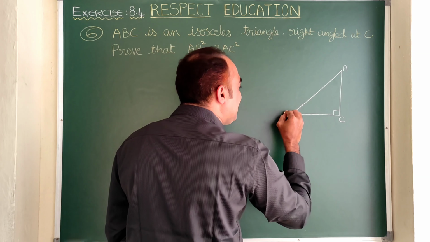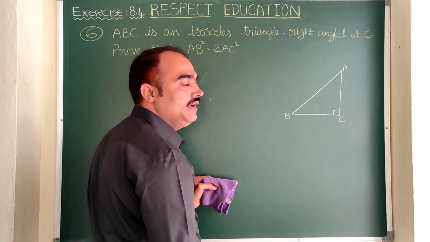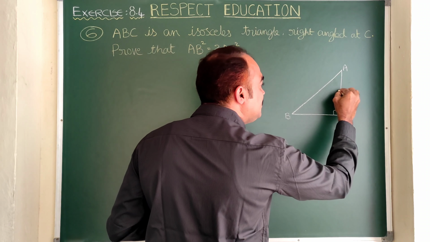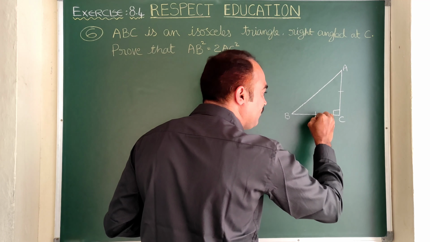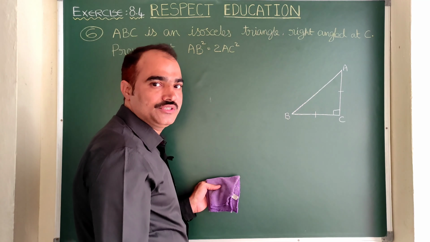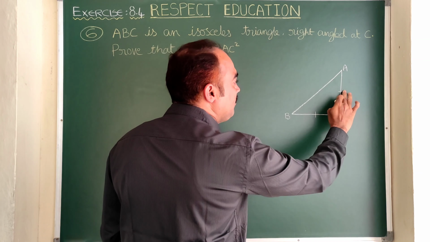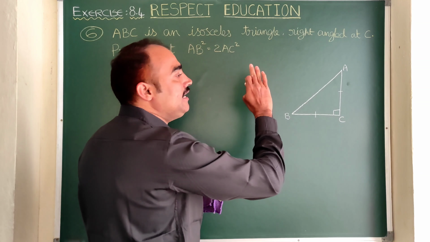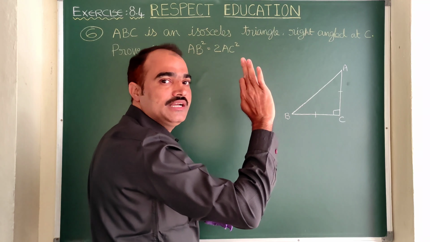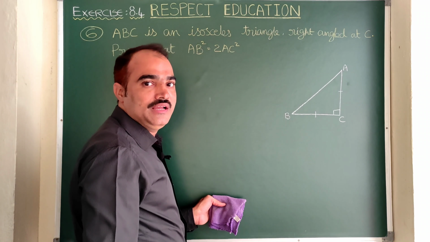Then as written A there, I am writing B here, right? As it is isosceles right angled, so these 2 sides only will be equal. Perpendicular and base will be equal, but not the hypotenuse. So here we have to keep in mind that in an isosceles right angled triangle, perpendicular and base only will be equal but not the hypotenuse, right?